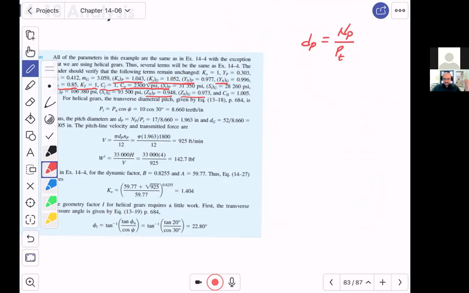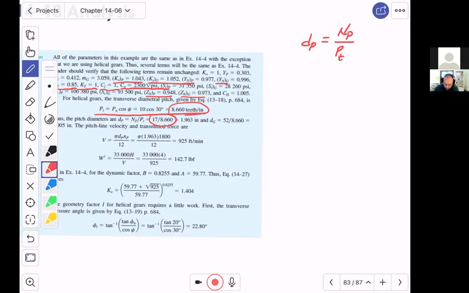The one which is 10 that was given to us is actually the normal. So I need to find the transverse diametral pitch. It is not 10, it is 10 multiplied by cosine 30, which is the helix angle. So I got 8.66, not 10 like before. And if it is 8.66, when I divide 17 by this, I will get a different diameter. The pitch diameter will be different.